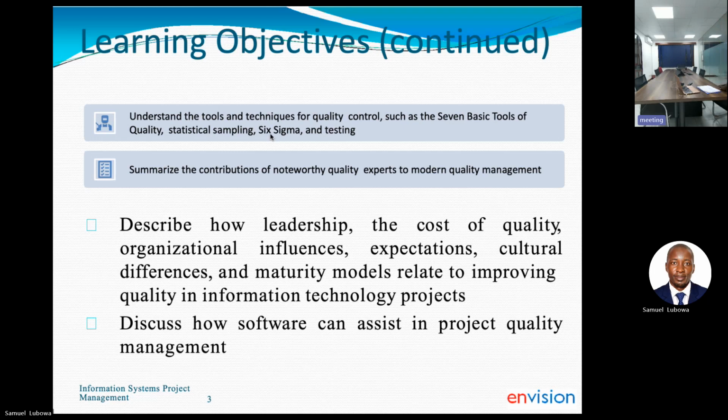Then we shall summarize the contributions of the network of quality experts to modern quality management. Another objective is describing how leadership, the cost of quality, organizational influences, expectations, cultural differences, and maturity models relate to improving quality in all information system projects.